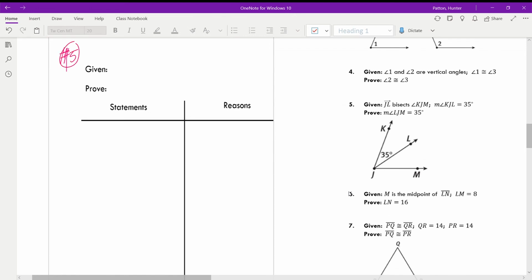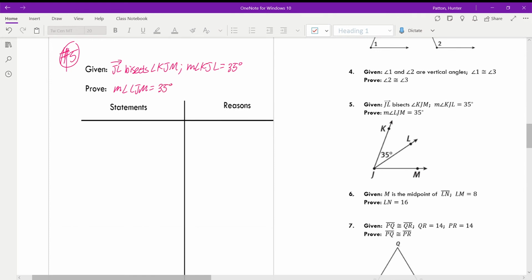I know that ray JL bisects angle KJM, and I also know that the measure of angle KJL is equal to 35 degrees. I'm going to prove that the measure of angle LJM is also equal to 35 degrees.